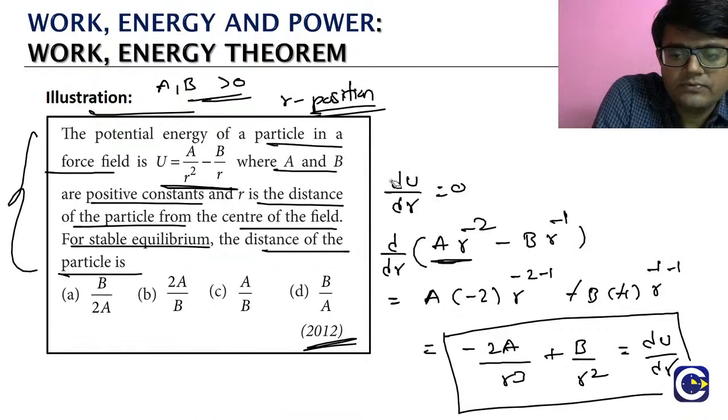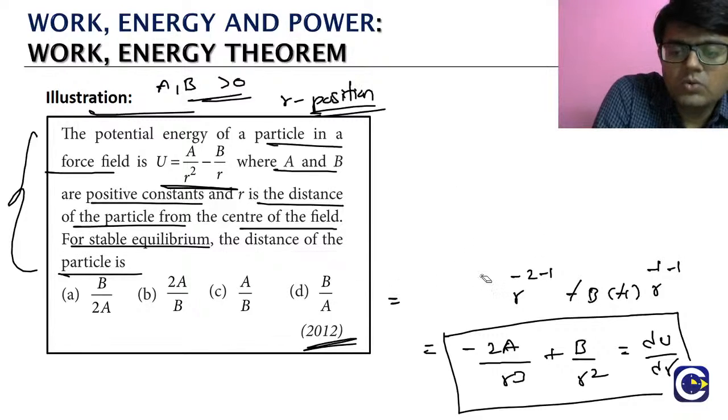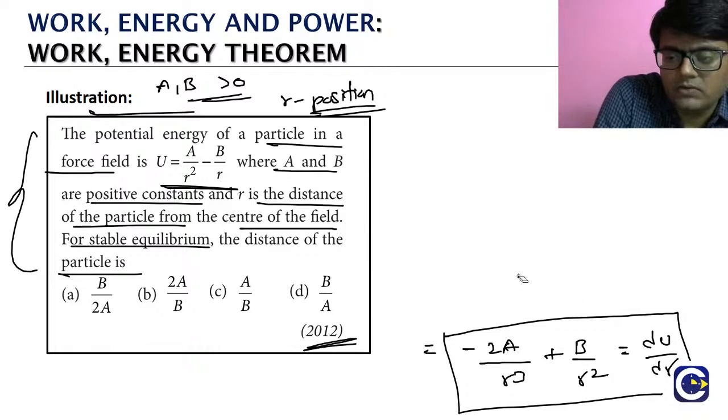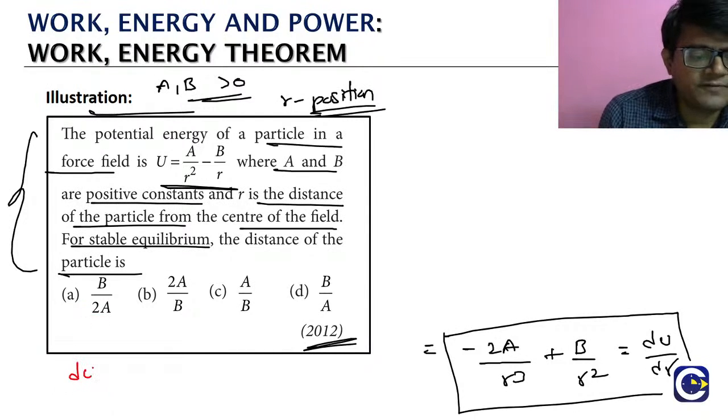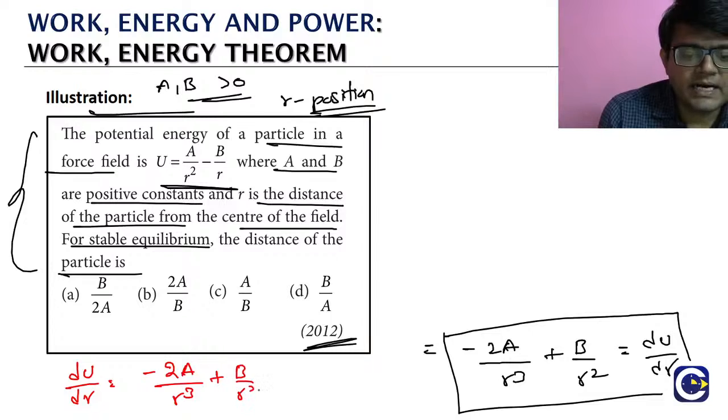Look, what is the derivative? Minus 2A by R cube plus B by R square is the derivative of the value. So here we have written the first derivative of the value as minus 2A by R cube plus B by R square.